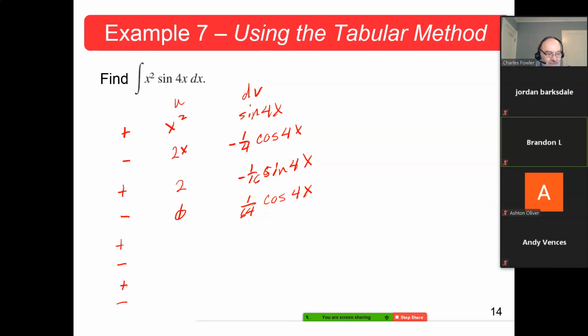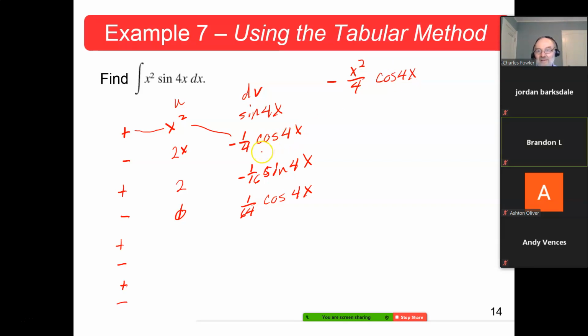And here's what you do. You start with the plus sign here, you go here, and then you don't go across, you drop down one. So what we've got here is, remember, u times v. Well, it's a positive u times v, but the v is a minus, so that's going to be a minus x squared over 4 cosine 4x.